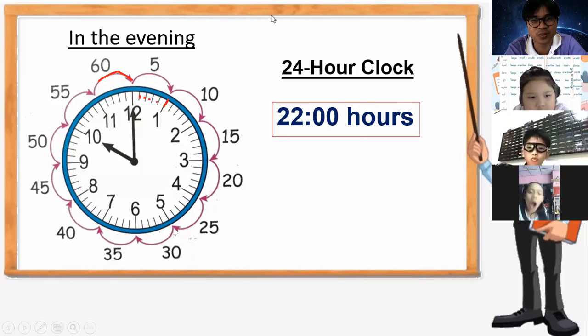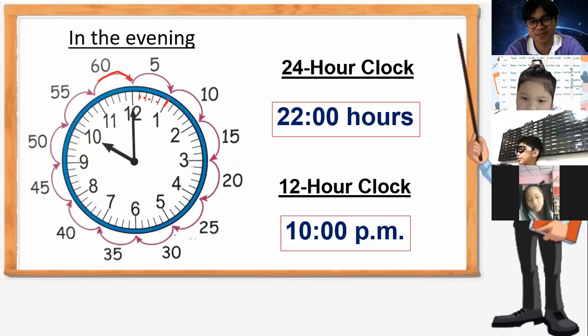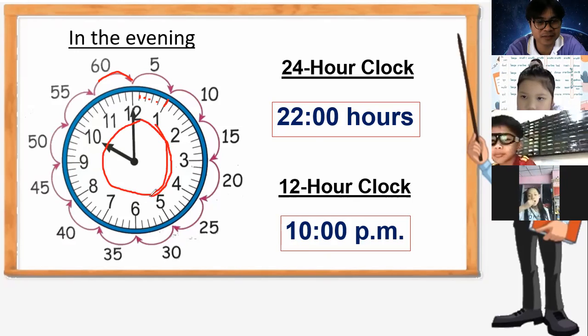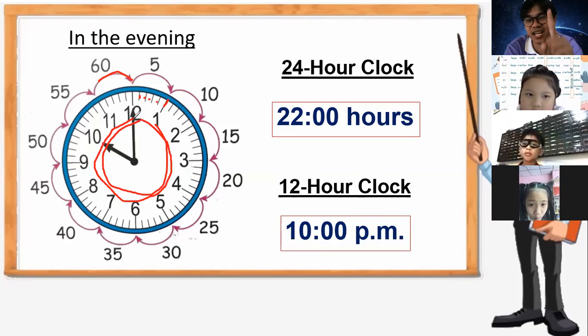And if we use the 12-hour clock, it's 10 p.m. In the 24-hour clock, you count 1 to 12, then continue 13, 14, 15, 16, 17, 18, 19, 20, 21, 22, 23, 24, because one day is equivalent to 24 hours.